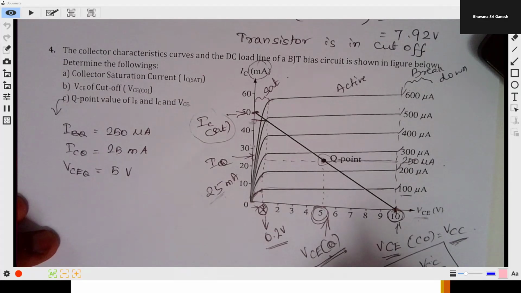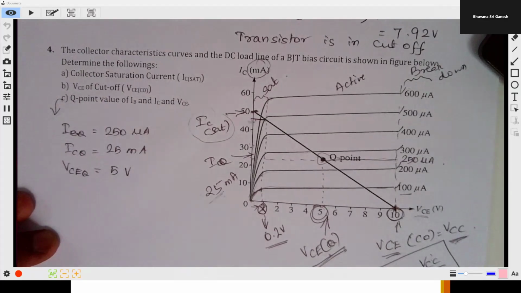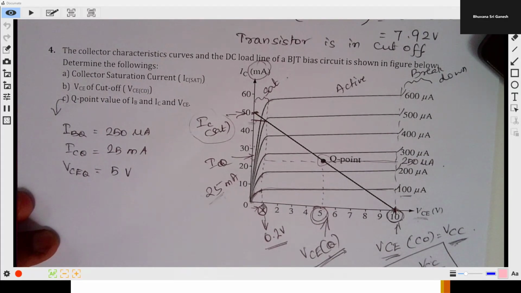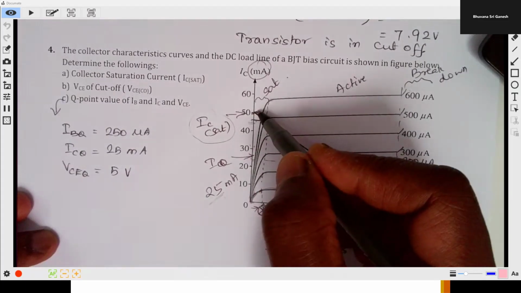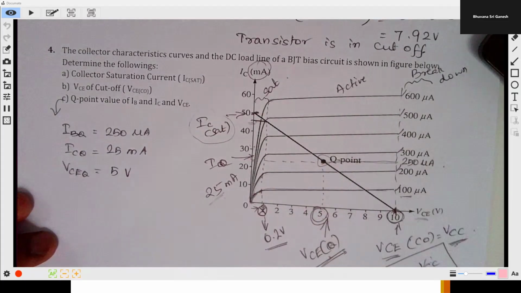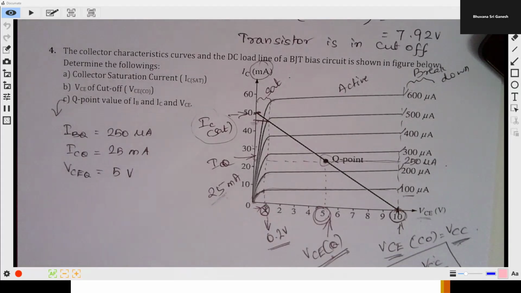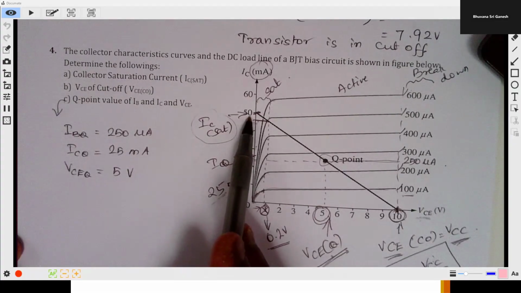Okay, 46 milliamperes you can say, but you can even mark it as 50. 46 to 50, it's less than 5 milliamperes difference. That is also not wrong, because that is the point where we have the IC saturation, the DC load line hitting the y-axis, right?